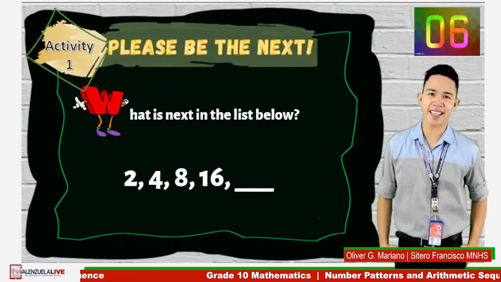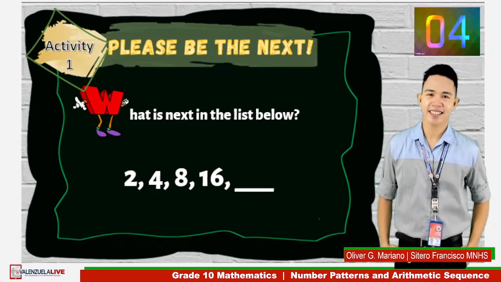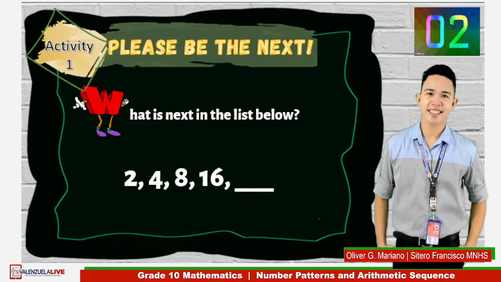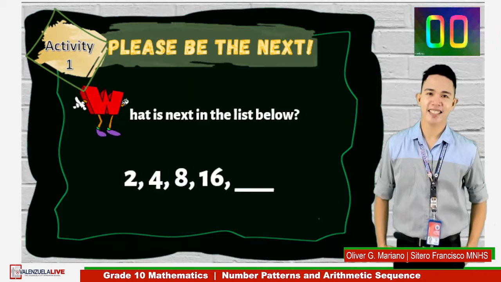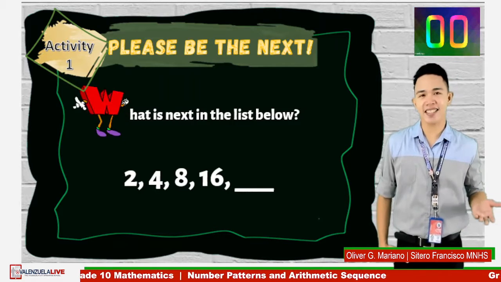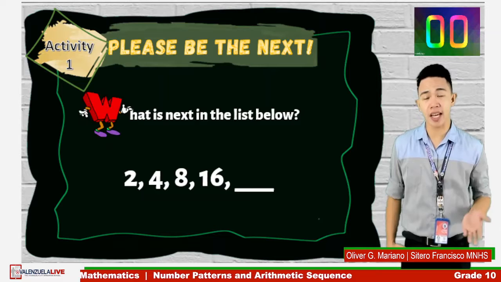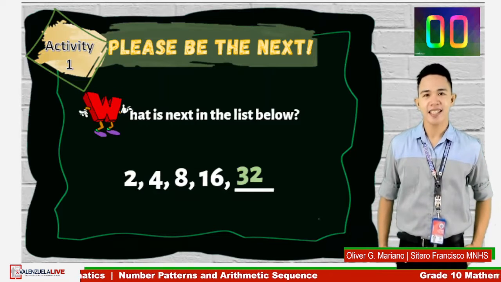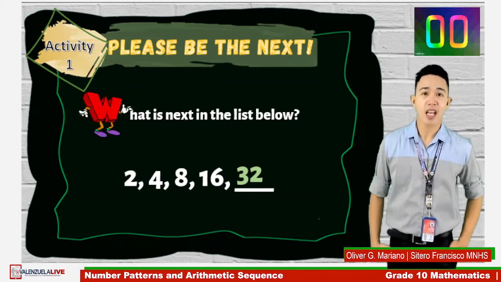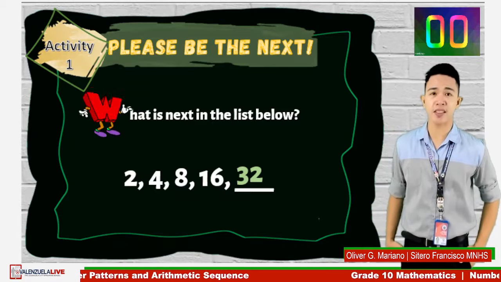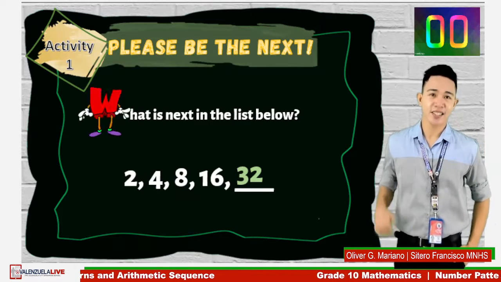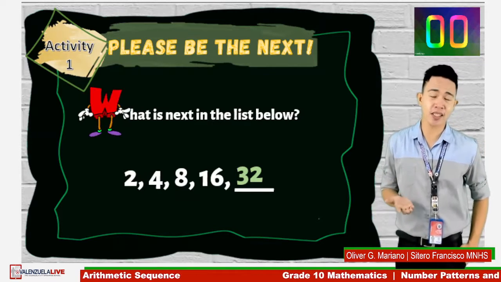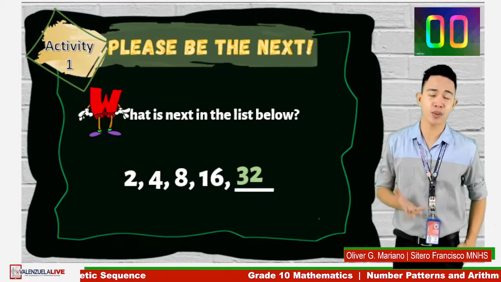Hurry up, grade 10. That's it. Time is up. The correct answer is 32. What do you observe with the numbers in the list? Great. These numbers are the powers of 2.